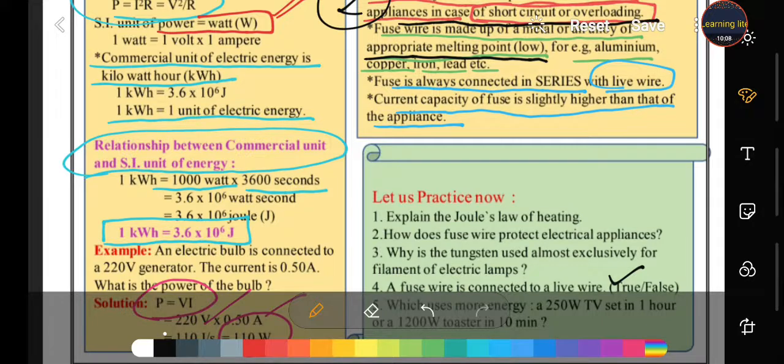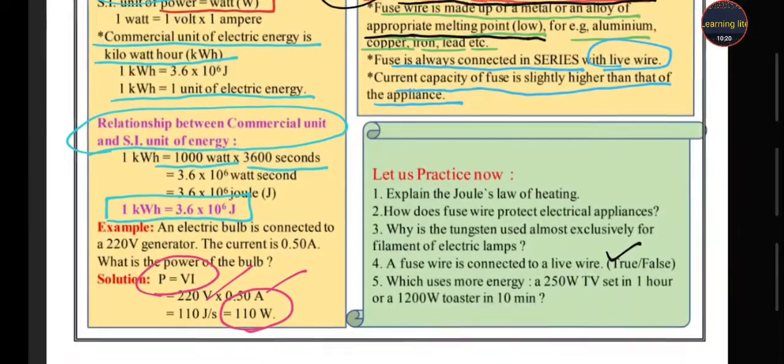Which uses more energy: a 250 watt TV set in 1 hour or a 1200 watt toaster in 10 minutes? So students, we have to calculate the energy here.